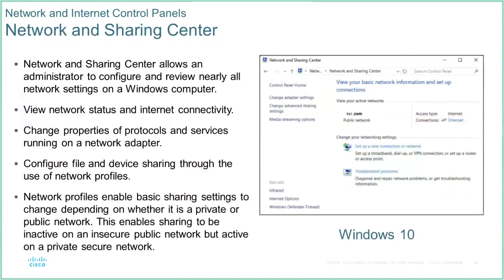Network sharing. So this is basically where you can set up your home network, if you like, or if you're in a corporate setting, you can set up the corporate domain and connect to your various active networks here. And then it'll tell you how you're connecting. Okay, so it'll tell you that you're connecting by the Ethernet port. If you've got more than one, it'll list the various cards that you have that connect to it.